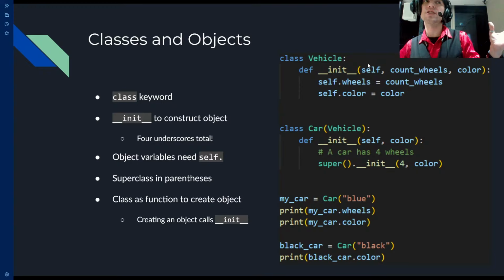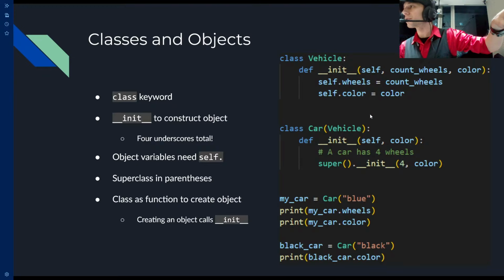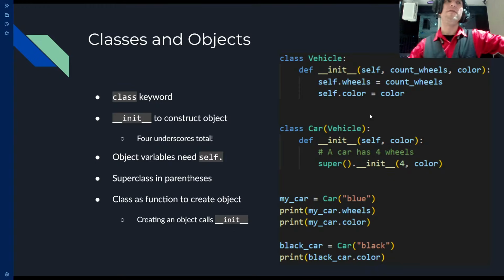Technically no, there are class functions and static functions. We're not covering that today. But your methods must include a self parameter, and that's where you define your attributes. So in this, a vehicle can take in a count of wheels, right? And then on the object, we set an attribute called wheels to whatever is in count wheels.